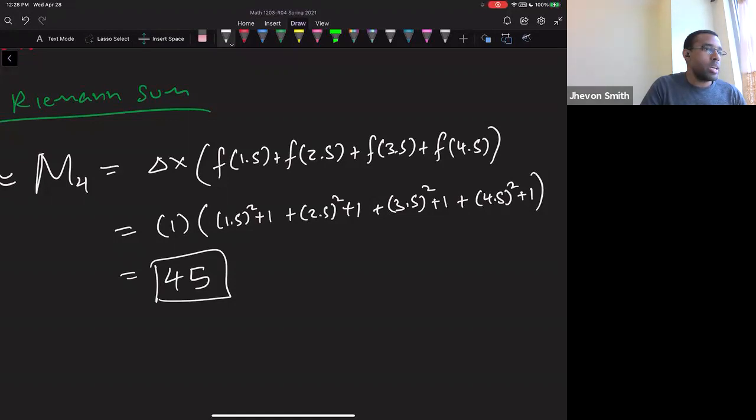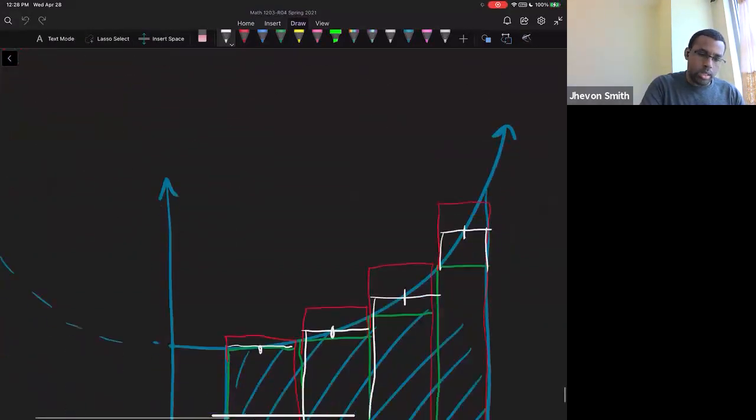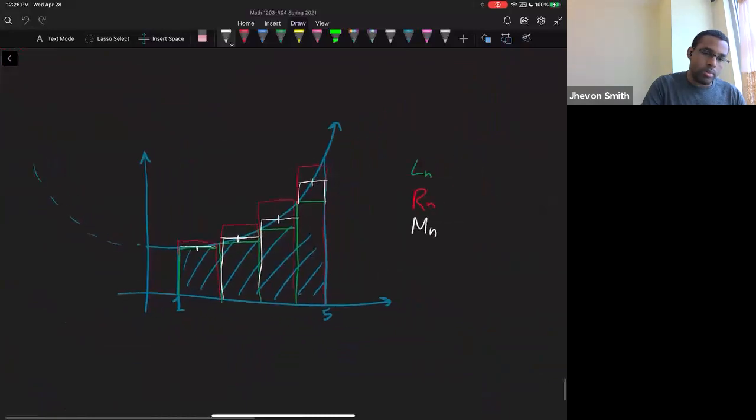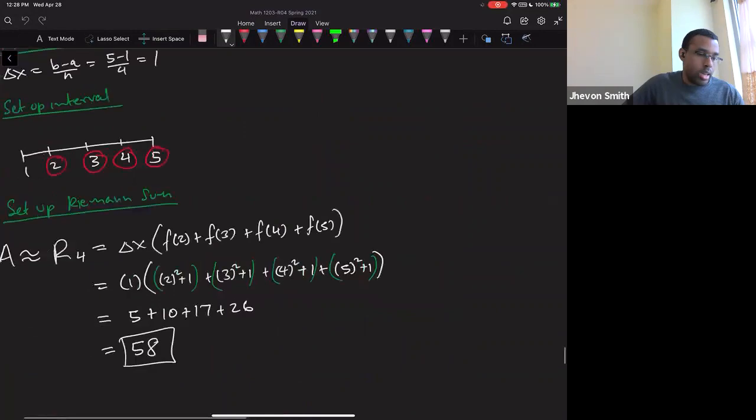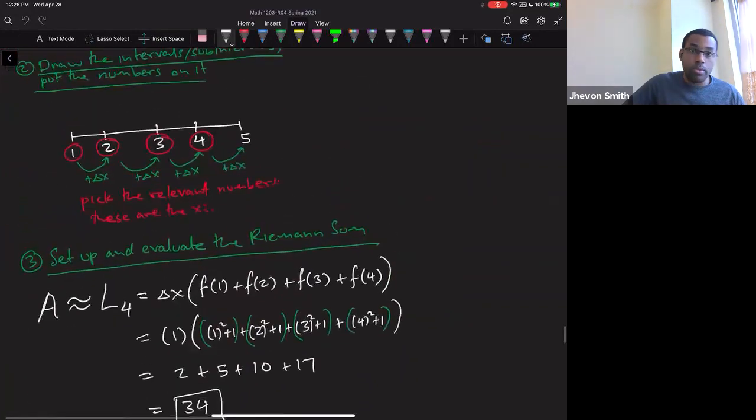But if you kind of want to see what these numbers mean and how they relate to each other, you can see this picture here, right? So the left hand is like the green rectangles. Notice that they gave you an underestimate. That was the answer 30 something, I think, 34.